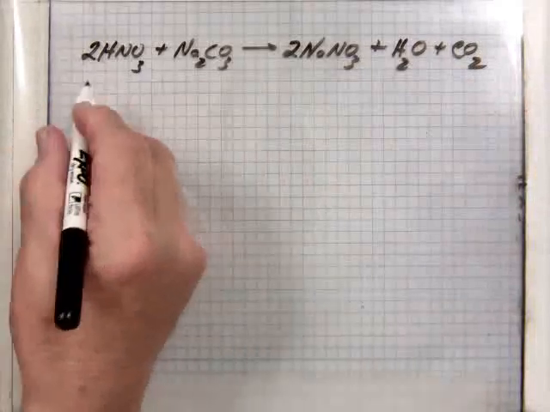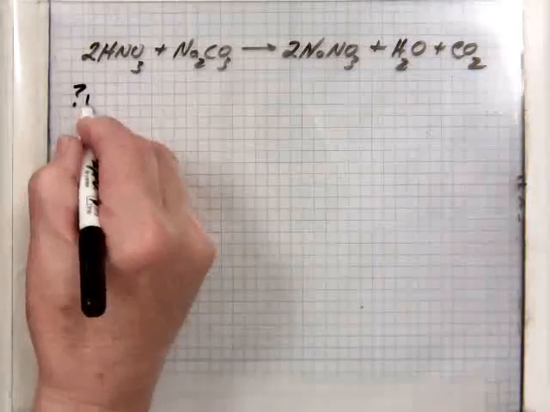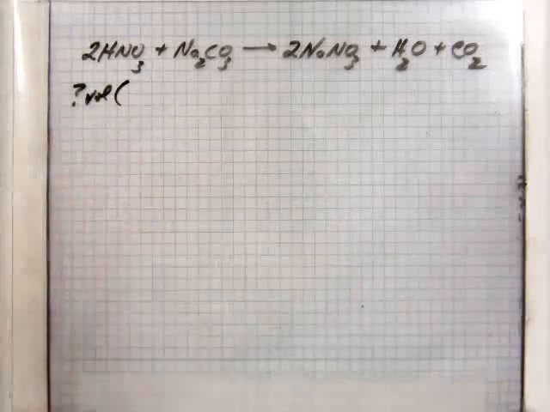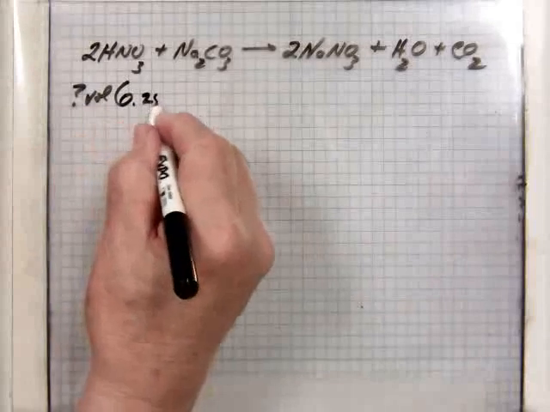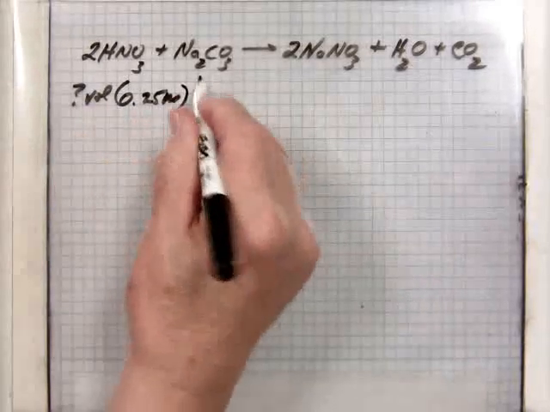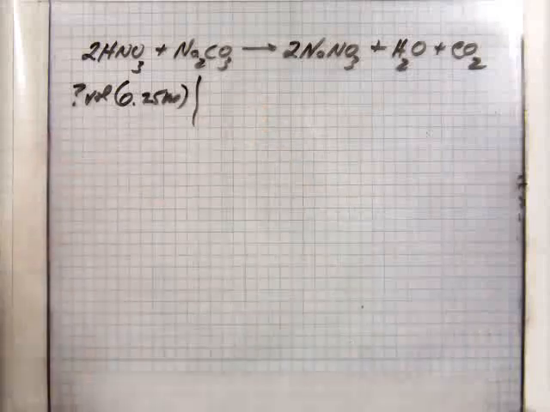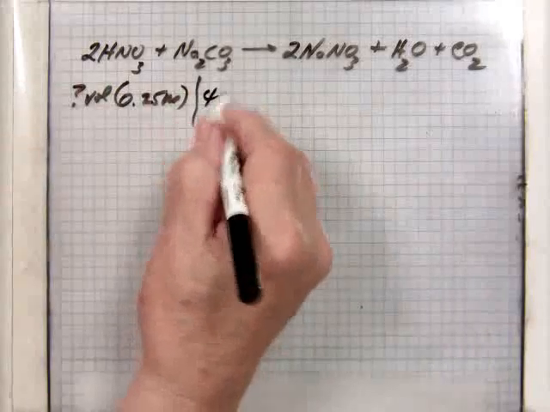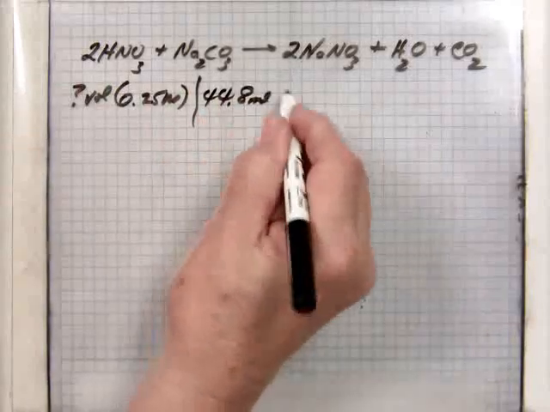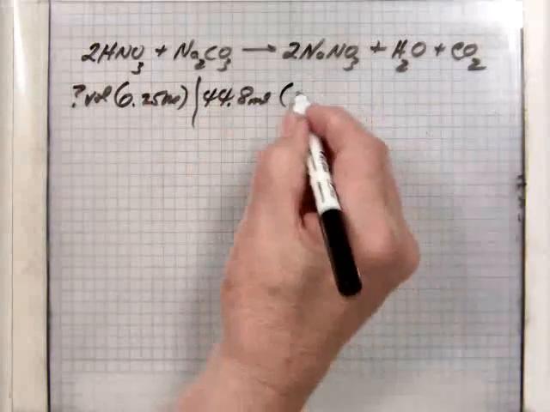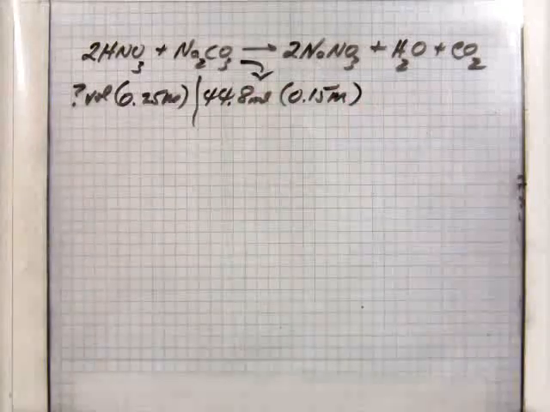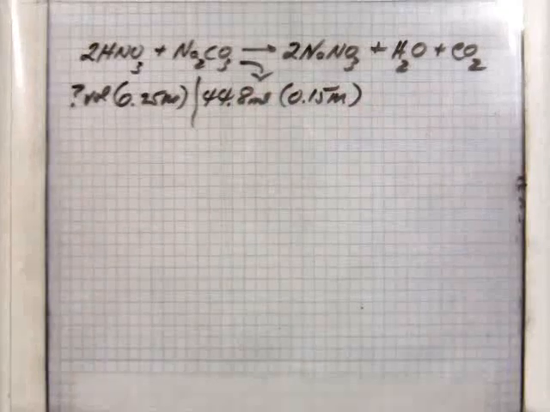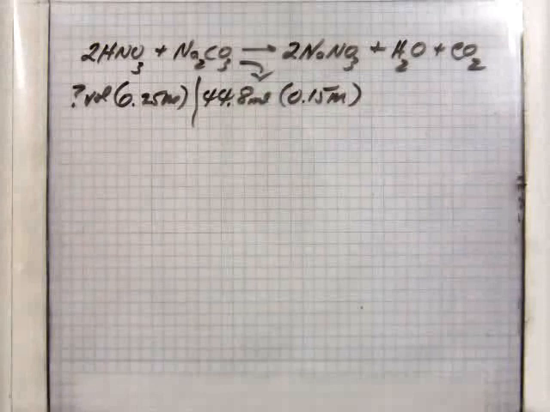Now, the question is, what volume of 0.25 molar nitric acid will react with 44.8 milliliters of a 0.15 molar solution of the sodium carbonate, like that.